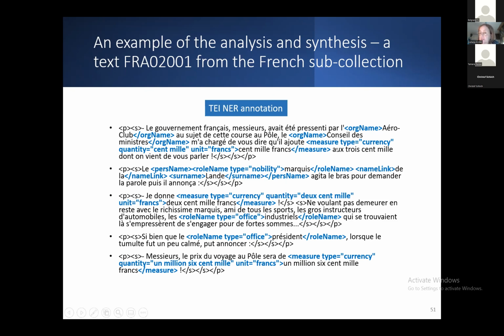Then you have, for instance, measures that were not included in the distant reading tag set, but you have here recognized some sums, and you have the appropriate tags for measure, for the type of currencies, for the quantity, for the unit used, etc.